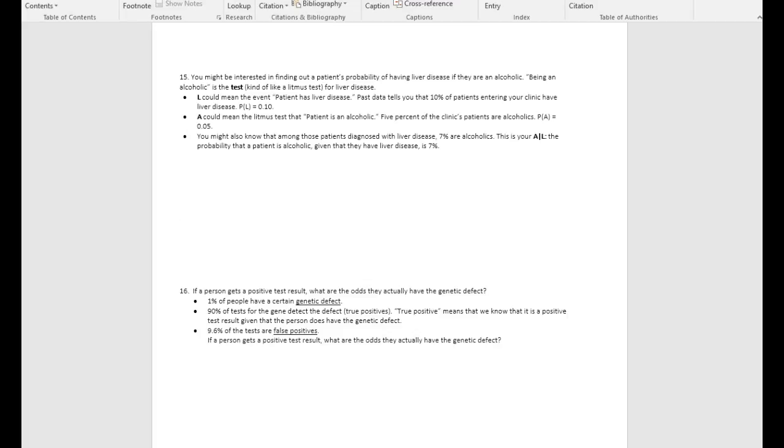Okay, so this is just defining these. I got this off the internet, so you know it's good. So L could mean the event patient has liver disease. Past data tells you that 10% of patients entering your clinic have liver disease. Okay, so let's just write what we know then.